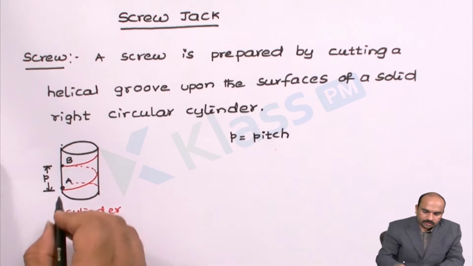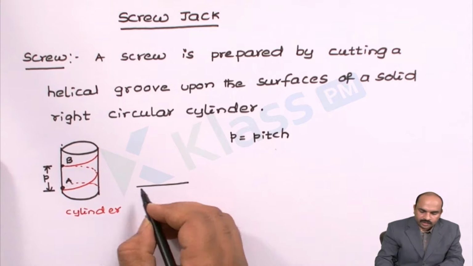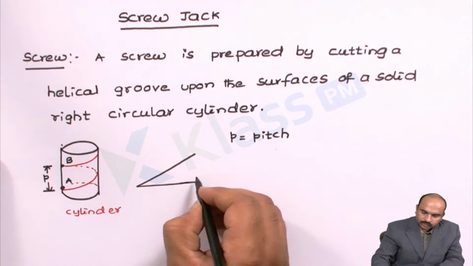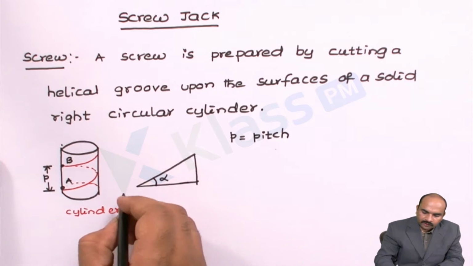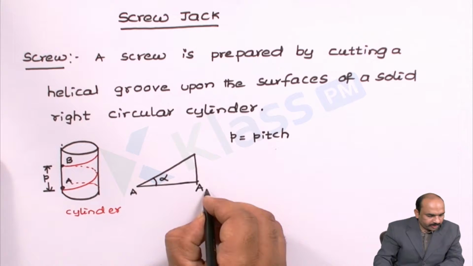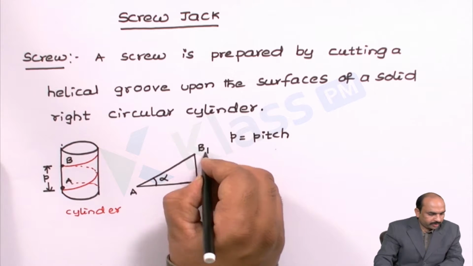Now let us draw the angle of the groove. Let this angle be alpha, this point is A, this point is A1, and this point is B1.